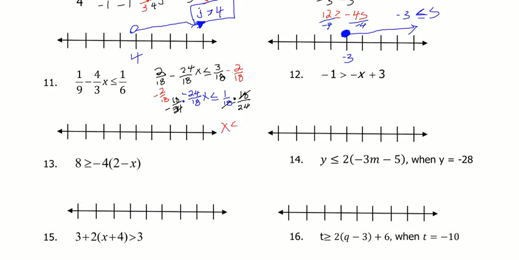Since I multiplied by a negative on both sides, I have to switch my sign around. And it's going to be greater than or equal to negative 1/24. So we put negative 1/24 in the middle, and it's going to be a closed dot, and x needs to be bigger, so we can go off to the right.